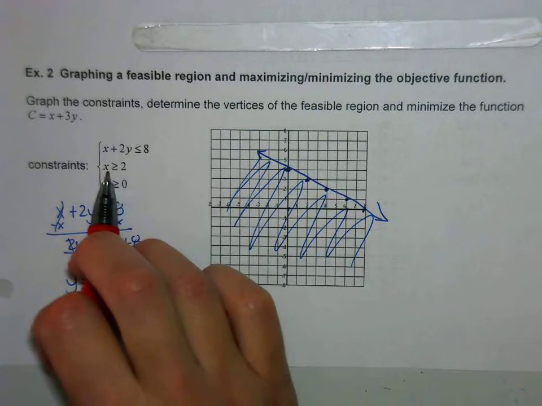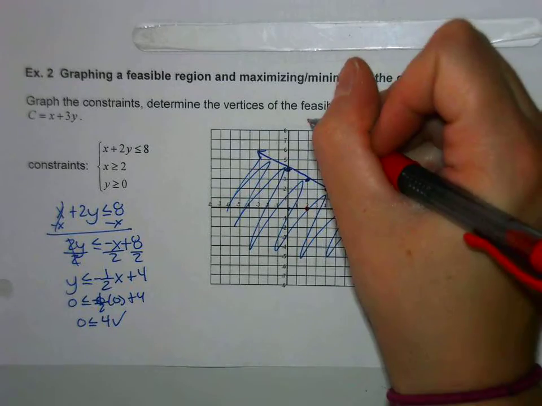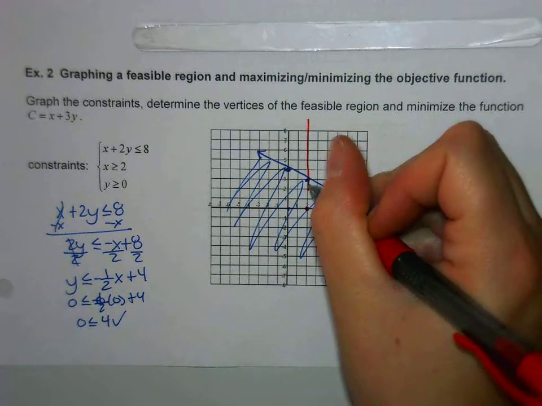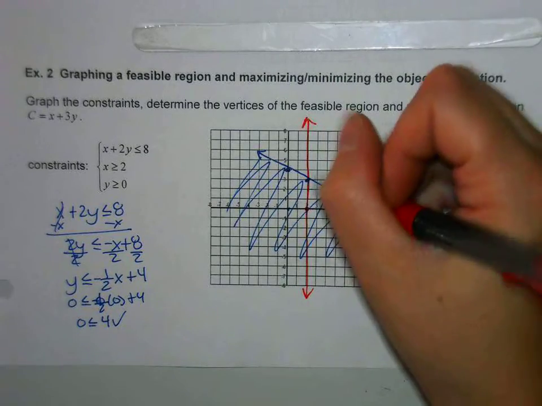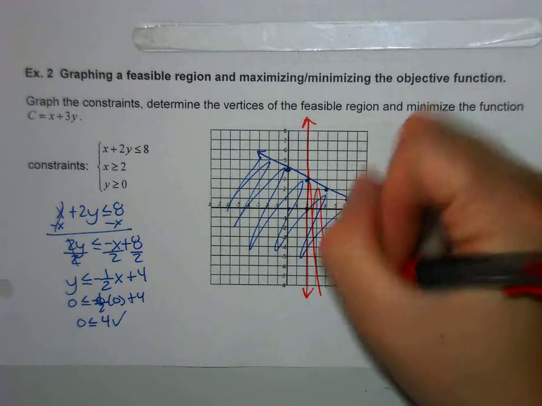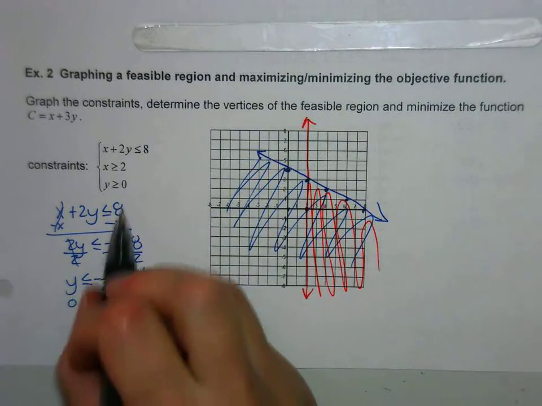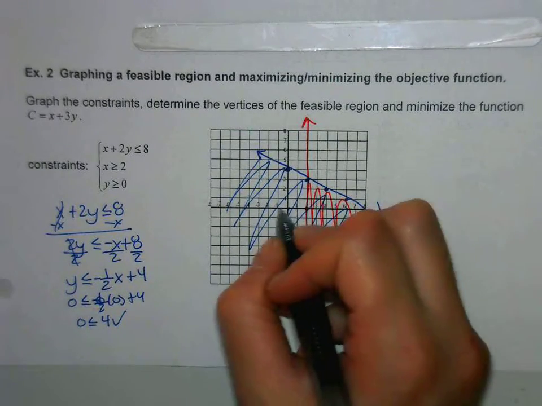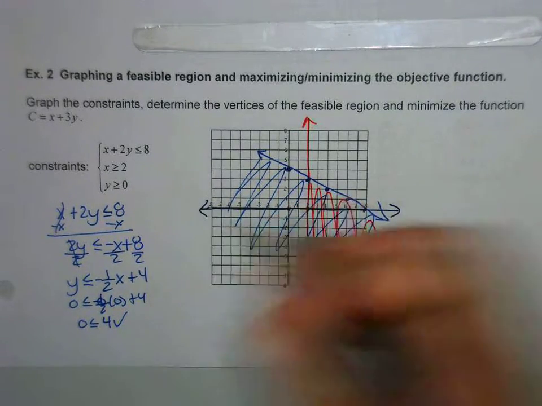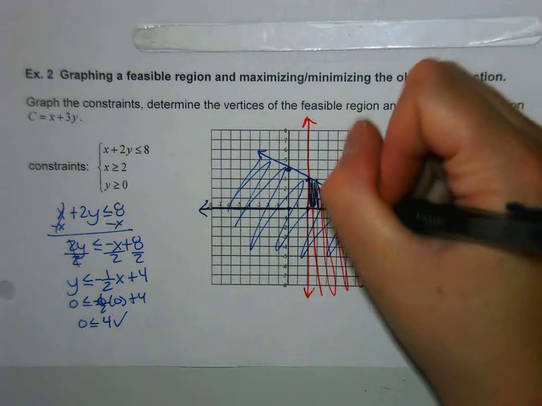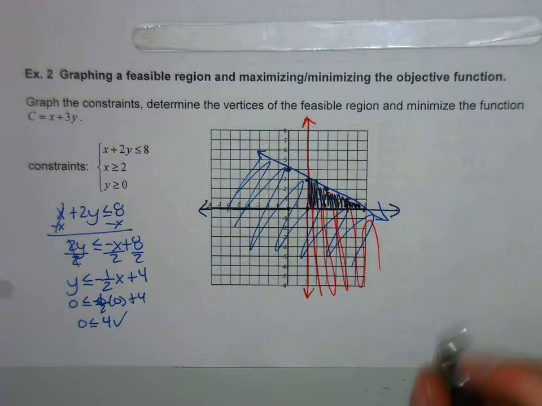Now x is greater than or equal to 2, so that means it's everything on this side. And our last one, y is greater than 0. So that means we are looking at the feasible region right there.